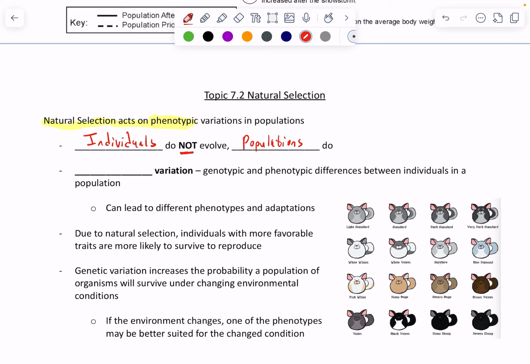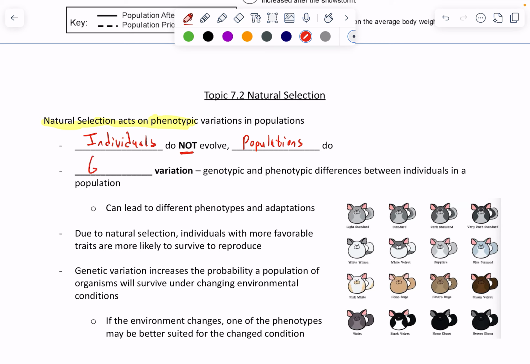And depending on the environment, that can happen really fast or that can happen really slow. We're talking hundreds, thousands, millions, hundreds of millions of years. But eventually that leads to the diversity of life we see today, right? Different selective pressures and different environmental conditions are selecting for different traits that populations are acquiring randomly through mutations and sexual reproduction.